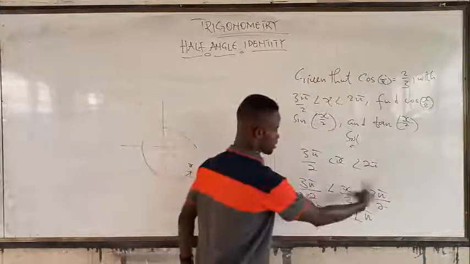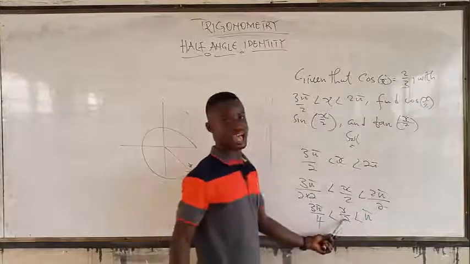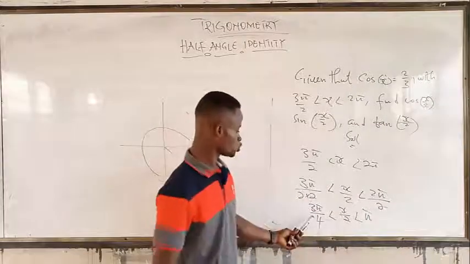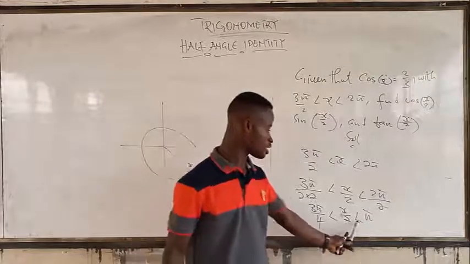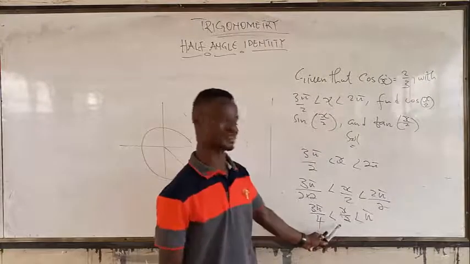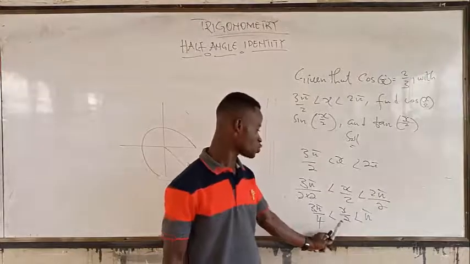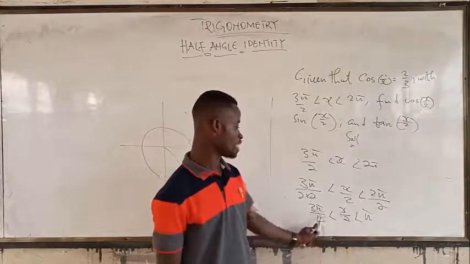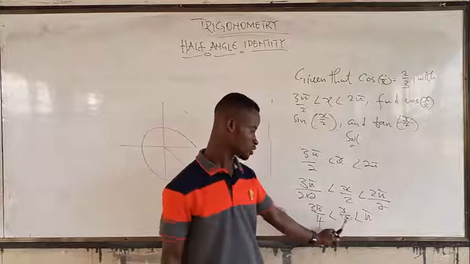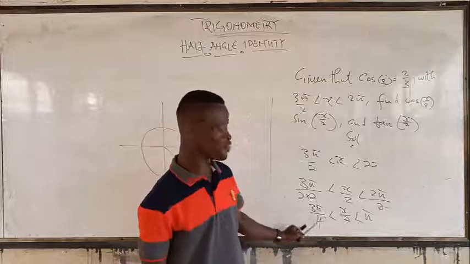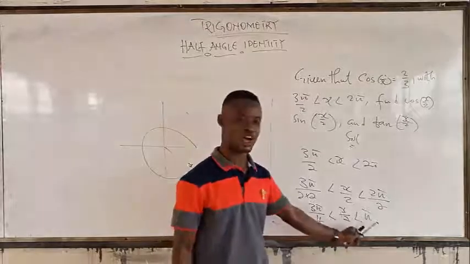So now, watch. When you divide both sides by 2, in order to get the half angle of X, you end up getting 3 pi over 4 less than X over 2, and X over 2 being less than pi.